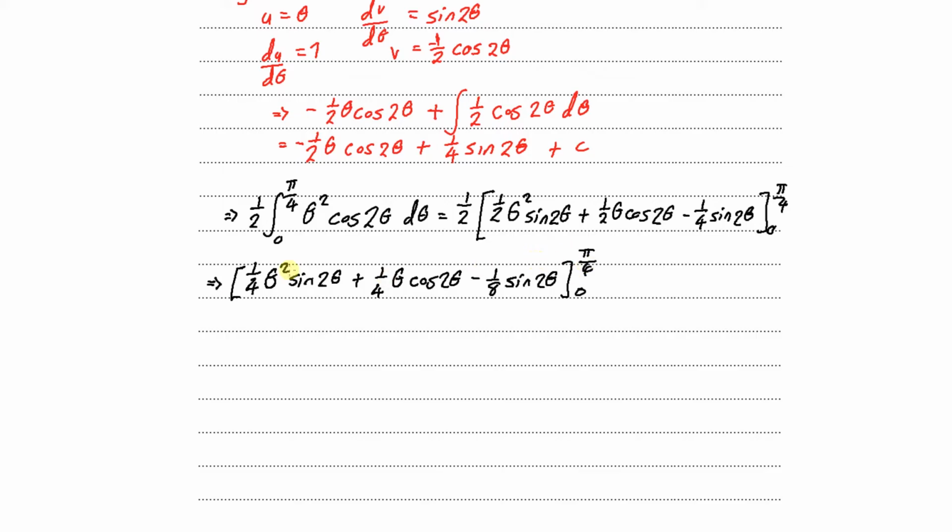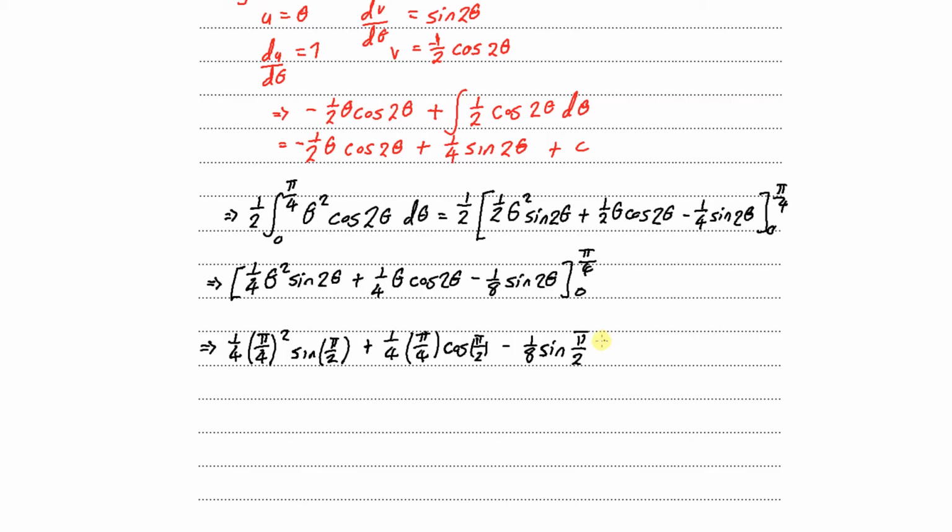So I'll substitute pi over 4 into this whole thing. It means we'll be having a quarter of pi over 4 squared of sine 2 theta, that's 2 of pi over 4, which is pi over 2, and that's plus a quarter of theta, which is pi over 4, and that's cos of 2 theta, which is pi over 2, and that's minus an eighth of sine of pi over 2.